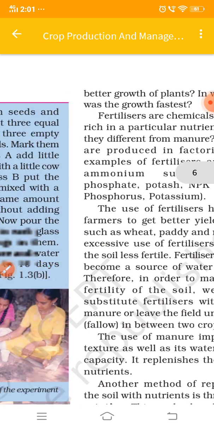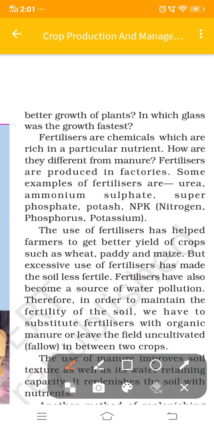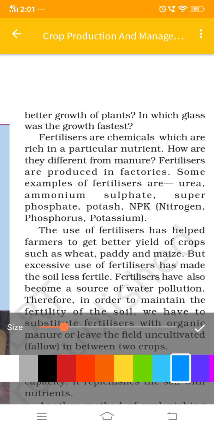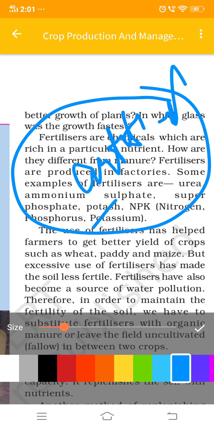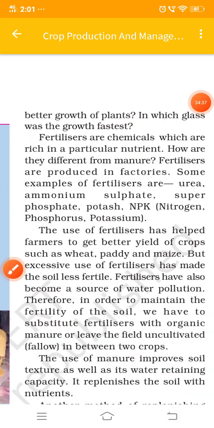Now see. Wait. Now see. All the fertilizers are artificially made. While the manure is not artificial, it's natural.